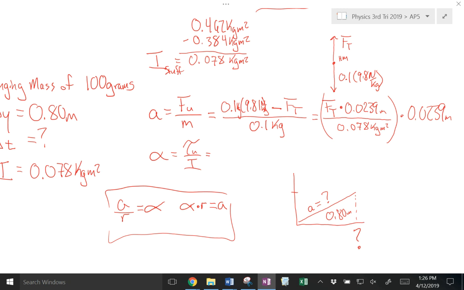I was multiplying these first, multiplying and then dividing. Do you want that number? I got 0.00732, 0.007, 732.